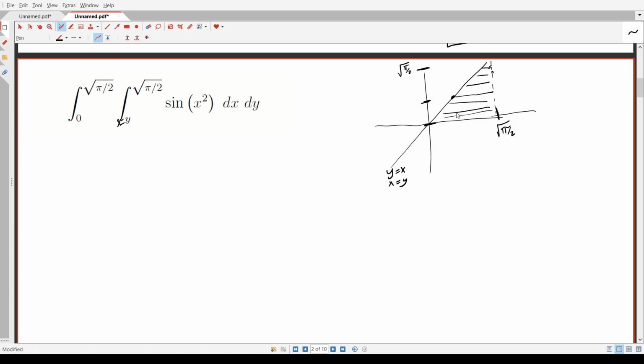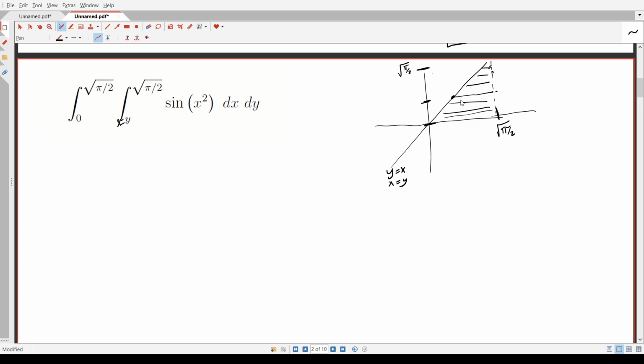A common mistake would be to say that we're integrating this region here, but we're not. Here we're starting at y and we're going up to square root of pi over 2. And then the y values go from 0 up to root pi over 2.